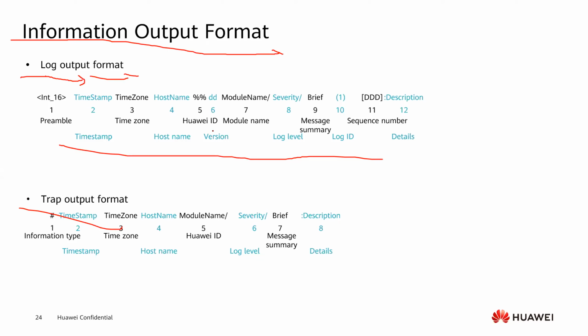Here we just list the format. This is a log, which has special symbols. This is a trap. Logs and traps both have a timestamp and the host name.